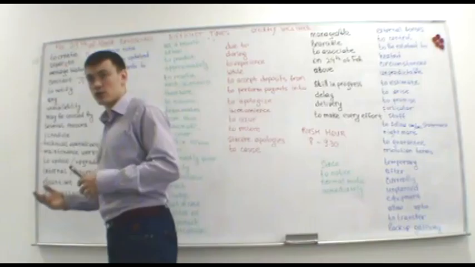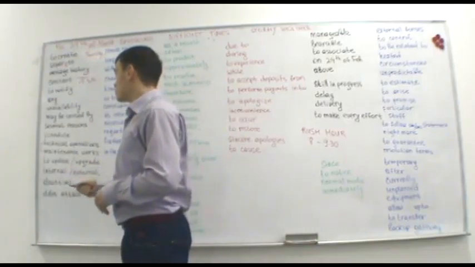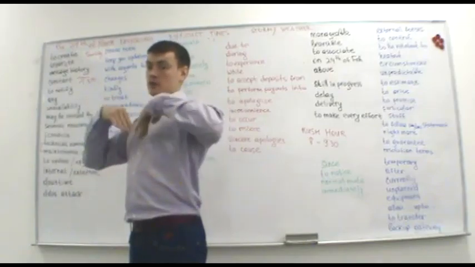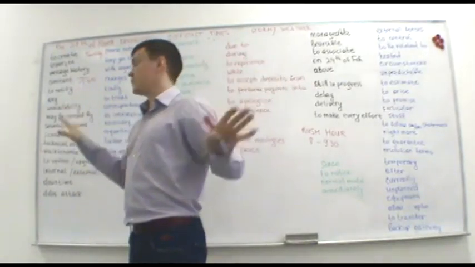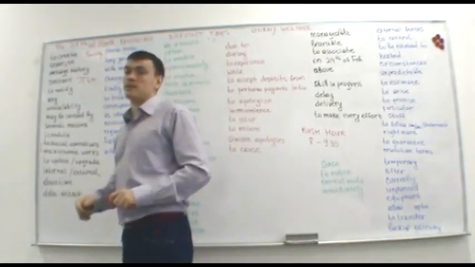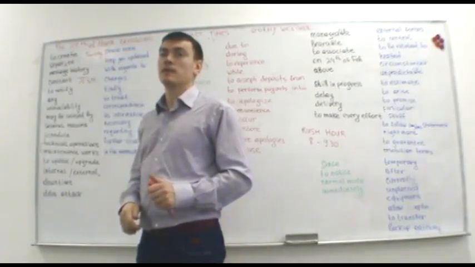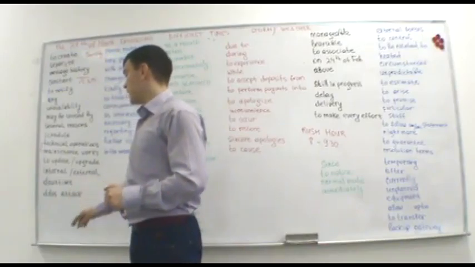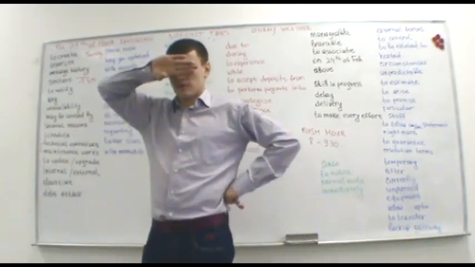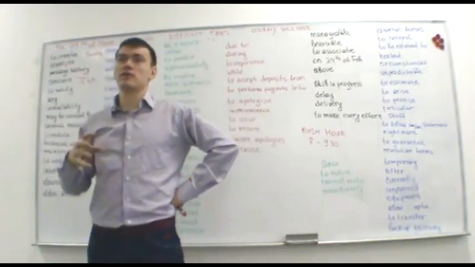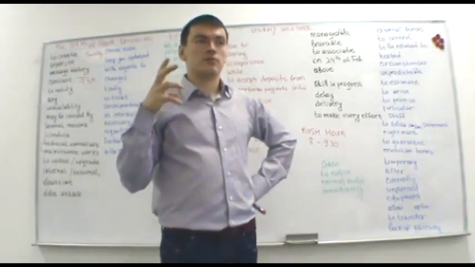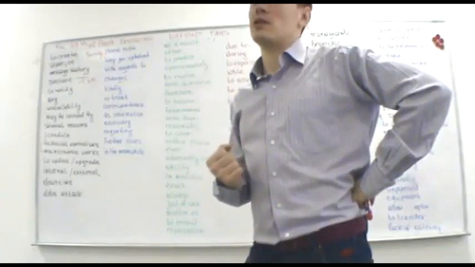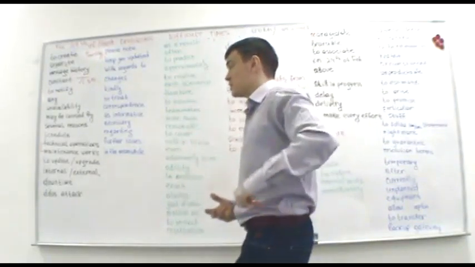To refresh. Now, internal and external. Internal is inside, and external is outside. Downtime is the time when the service doesn't work, is not available. And these hackers are attacking our system.